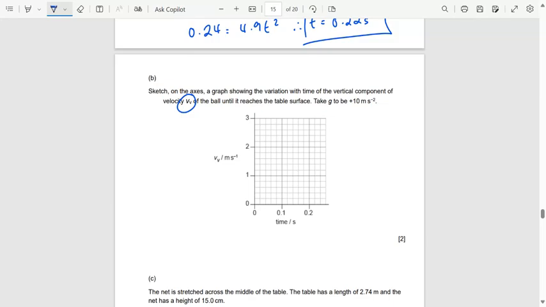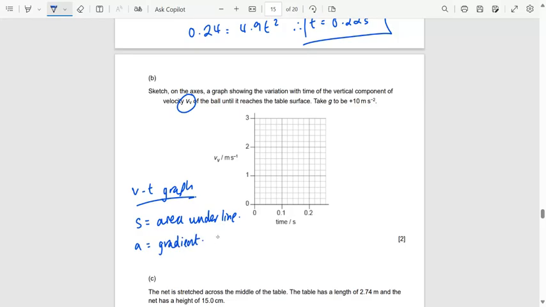So we know that in a velocity time graph, the distance is the area under the line. And we also know that the acceleration is the gradient.